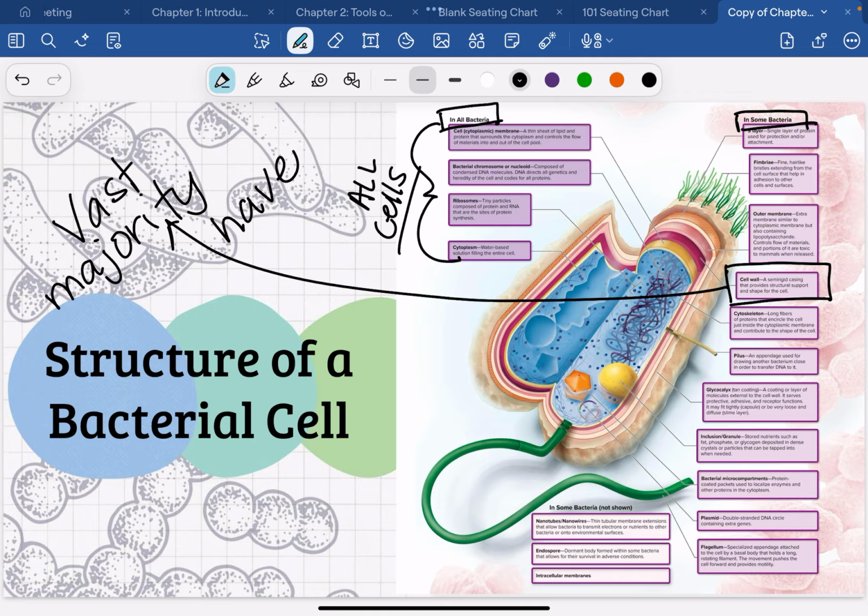And so cell walls are going to be really, really important. We'll talk about them. There's very few bacteria that don't have a cell wall. They are important too, but so yeah, that's the overview of a bacterial cell. And then we're going to spend the next couple of days talking about individual structures, again, what they do, what their purposes are, all that fun stuff. Okay?